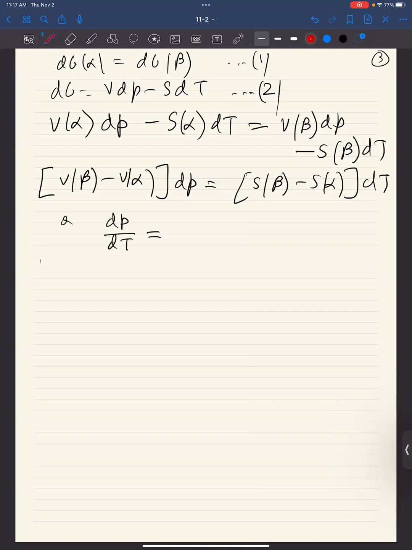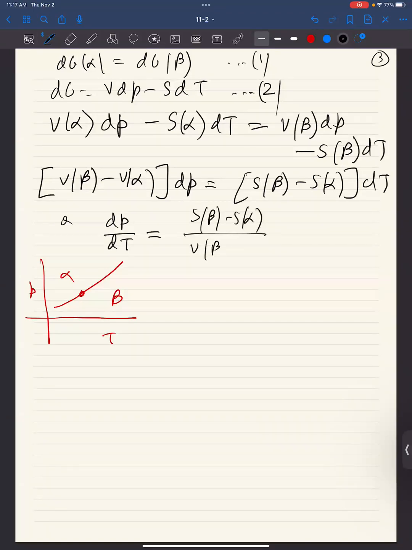Remember, what are we trying to do in all of this? Let me draw the phase diagram again. We have pressure and temperature, and we have phase alpha and beta. At that given point, we want to characterize this curve. We want to write down the slope of this curve. So that slope is S beta minus S alpha divided by V beta minus V alpha.